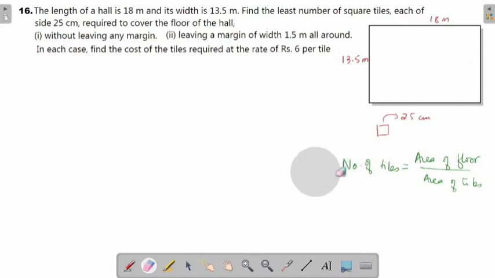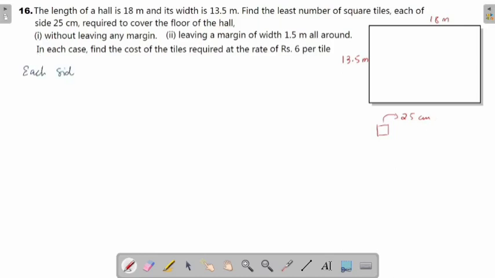I hope the formula is clear to you. So let's first find the area of the tiles. Each side of the tiles is given to you as 25 centimeter, right?